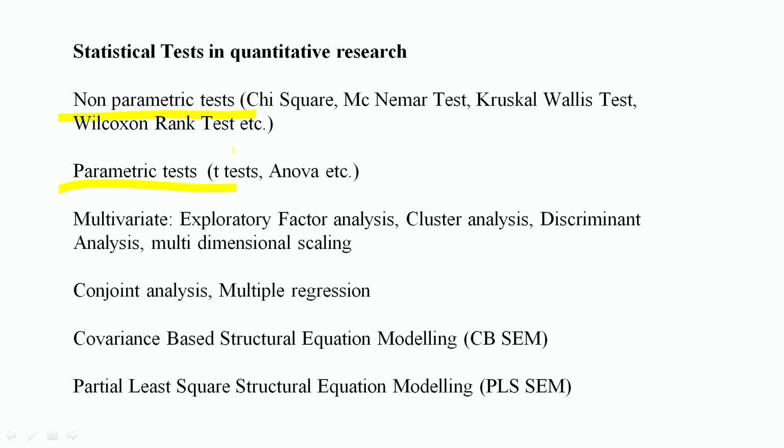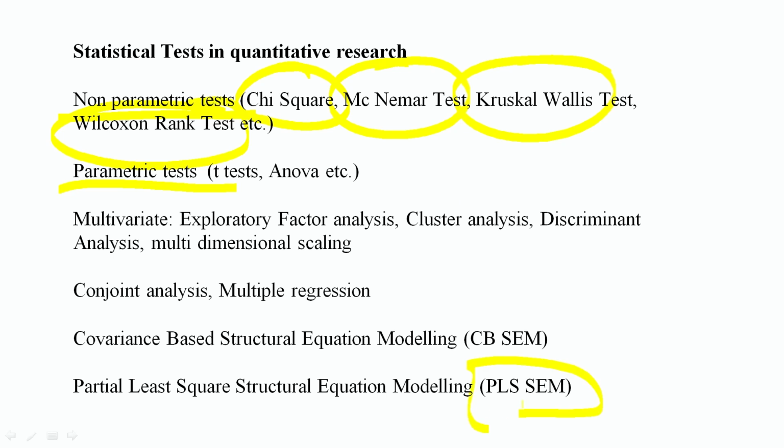Just remember that for non-parametric tests, the terms that are commonly used are chi-square test, McNemar, Kruskal-Wallis, Wilcoxon rank test and PLSM. These all fall under the non-parametric test group. So what are parametric tests? These are t-test, ANOVA.